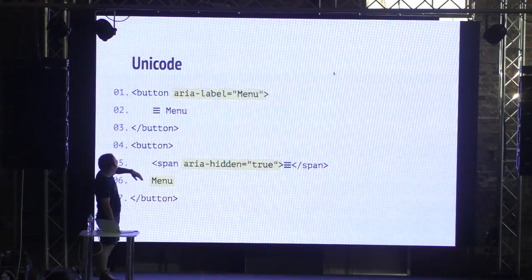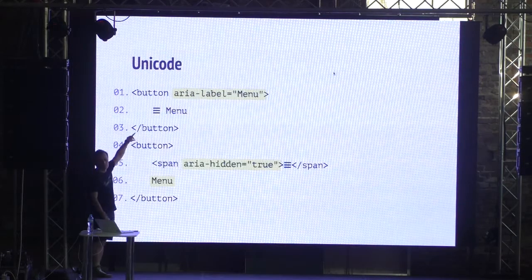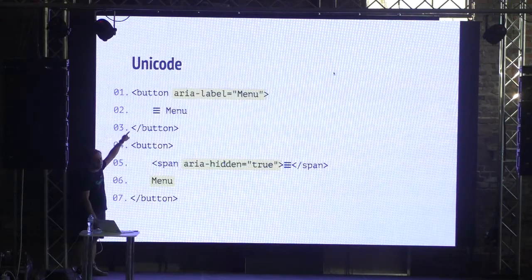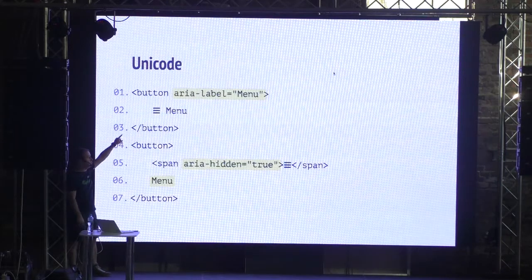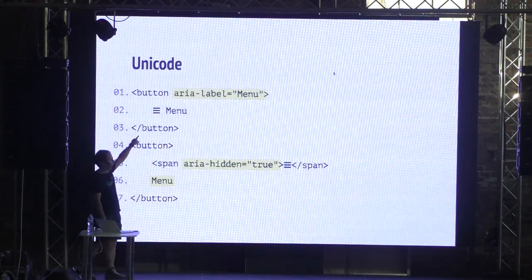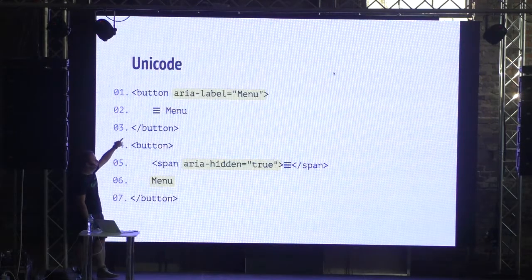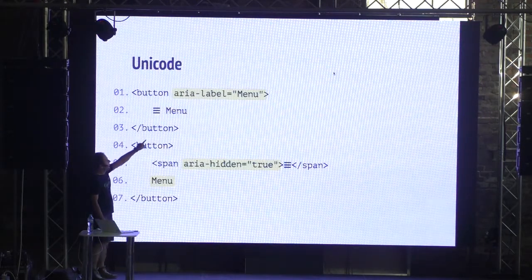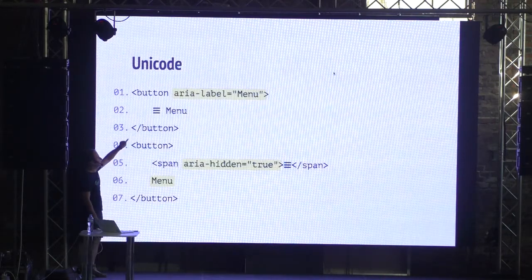And if you have this weird hamburger character, which is Unicode, screen reader will also try to read it aloud. This is kind of a heaven sign, something like this. I don't remember actually, but applying aria-label will rewrite content of a button element.